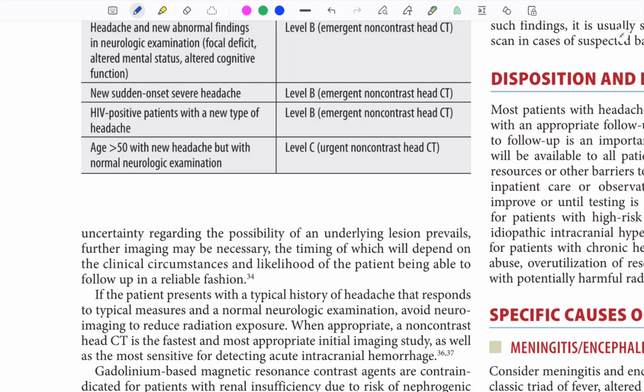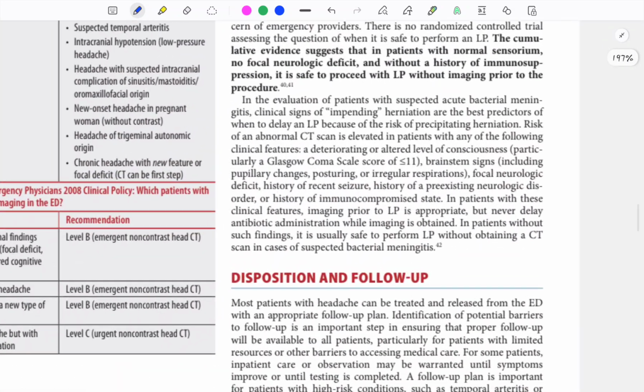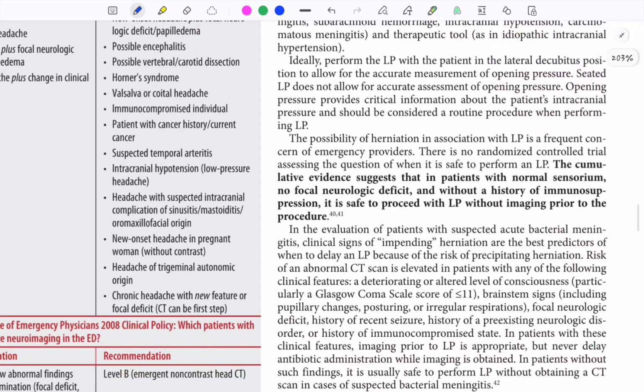Many a times MRI is not feasible, they also know that. The cumulative evidence suggests that in patients with normal sensorium, no focal neurological deficit, and without a history of immunosuppression, it is safe to proceed with LP without imaging prior to the procedure. So use this line. Again, repeat.